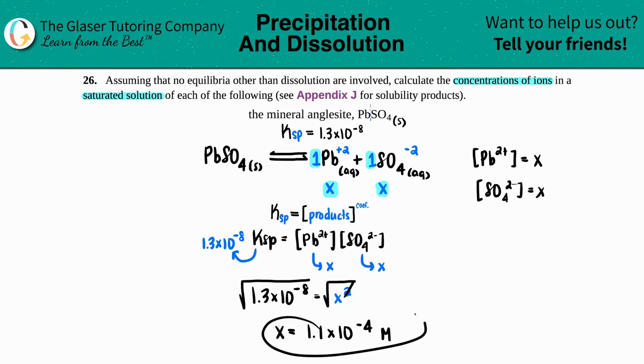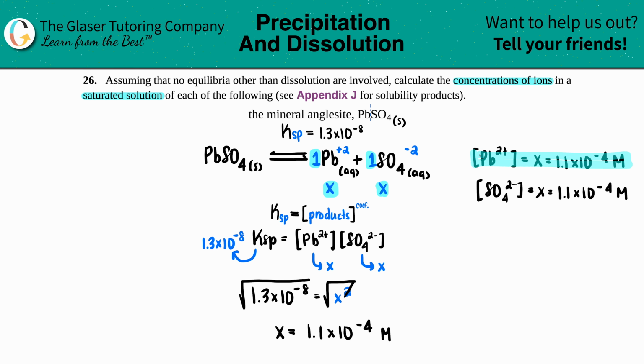Since x was 1.1 times 10 to the negative 4th, that's the concentration of both of these: 1.1 times 10 to the negative 4th molarity, and 1.1 times 10 to the negative 4th molarity. And that is the answer to this.